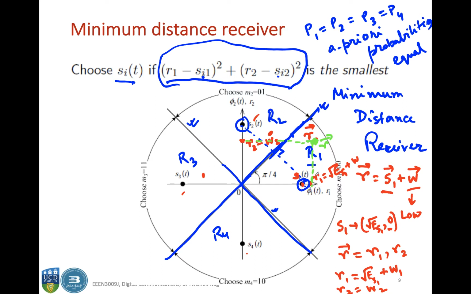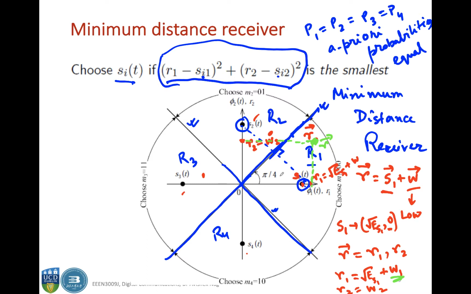Now imagine a situation where this W1 component of the noise is negative, because noise is randomly varying, and it can have plus or minus amplitude. So let's say this W1 component of the noise is negative for some reason.